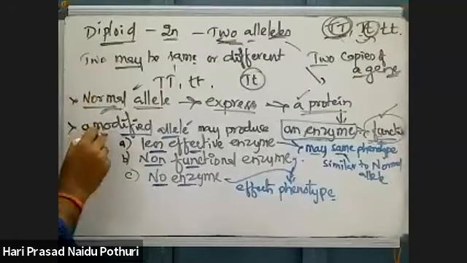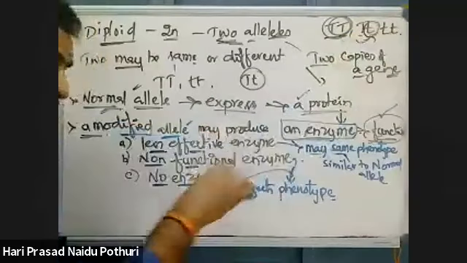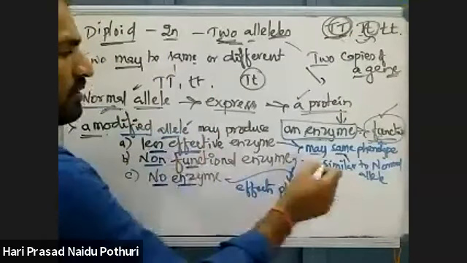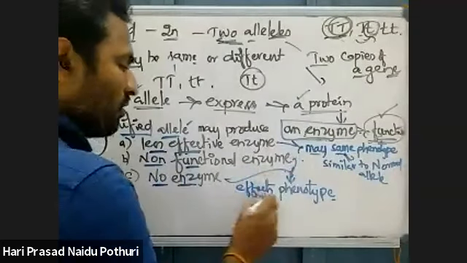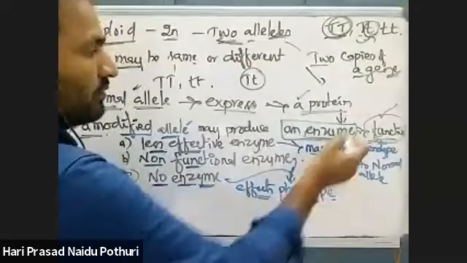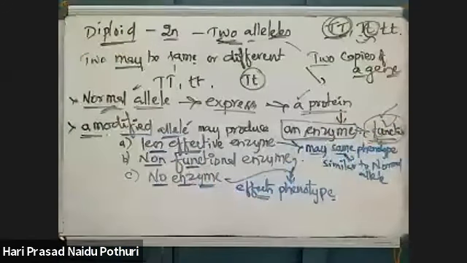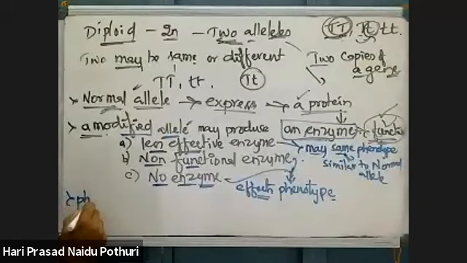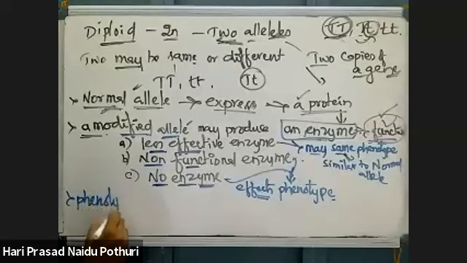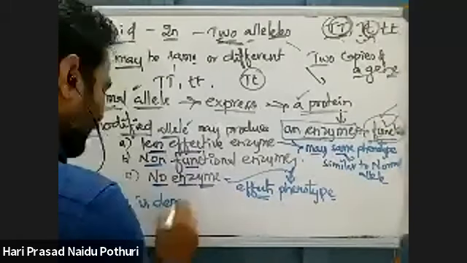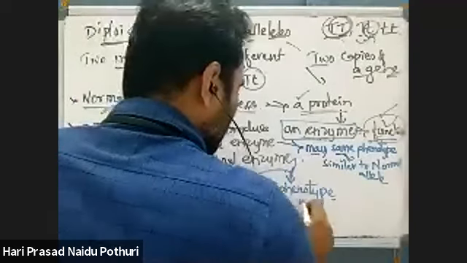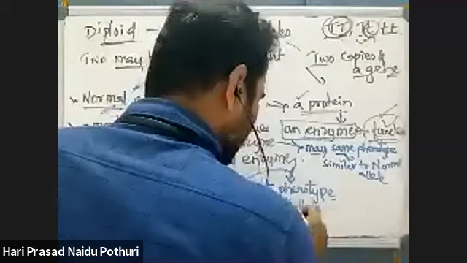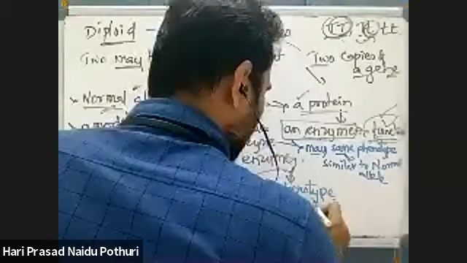When normal allele is modified, if it is producing less effective enzyme also, same phenotype may come, no problem. But no functional enzyme or no enzyme is made, then this function is not shown. So phenotype will be affected. So according to this, phenotype is depending on what? Normal allele. The phenotype is depending on normal allele only.